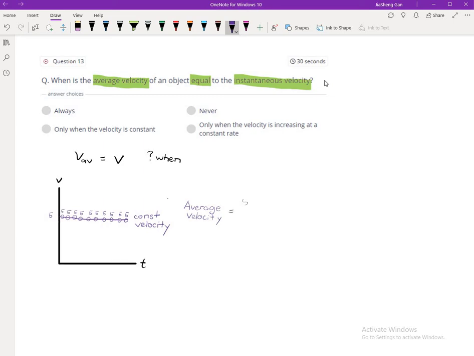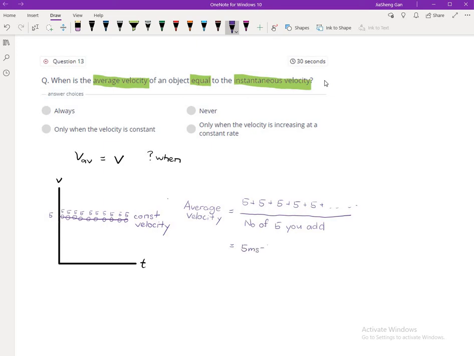It will be 5 plus 5 plus 5 plus a lot of 5, divide by the number of 5 you add. If you have 10 5s, you add 10 times of 5, which is 50, divide by the number of 5 you add, which is 10, you get back 5.